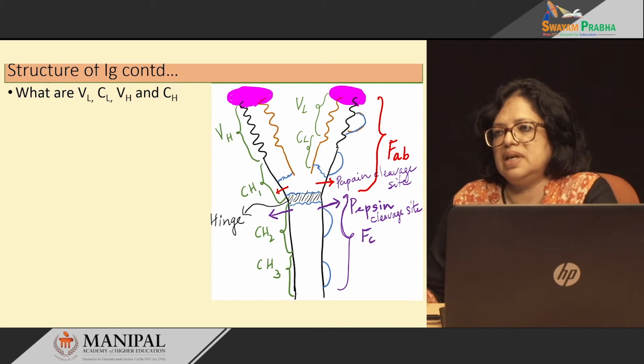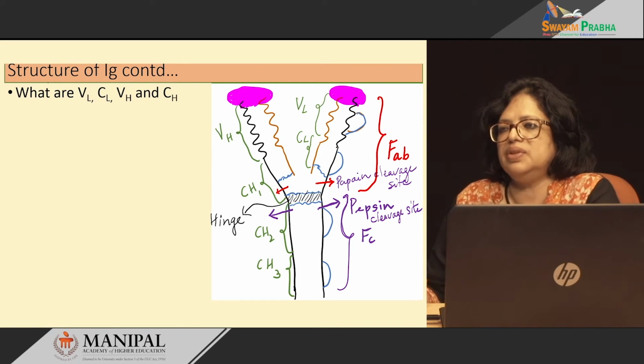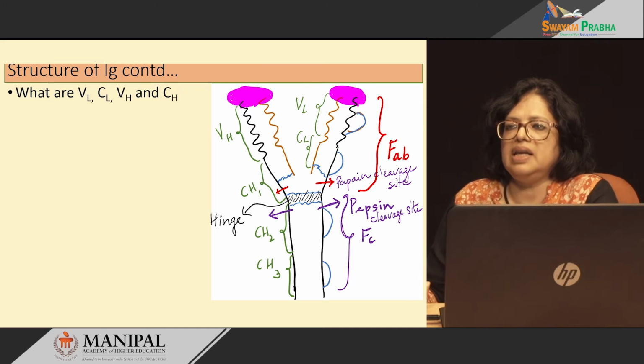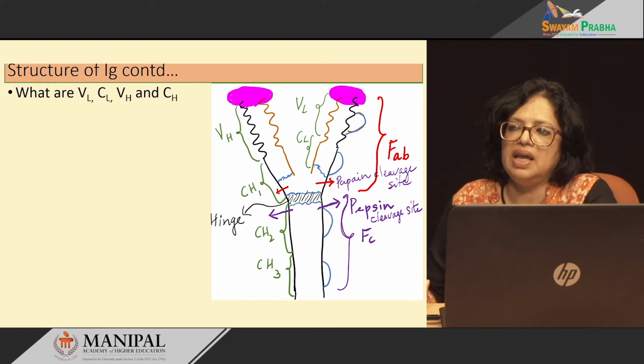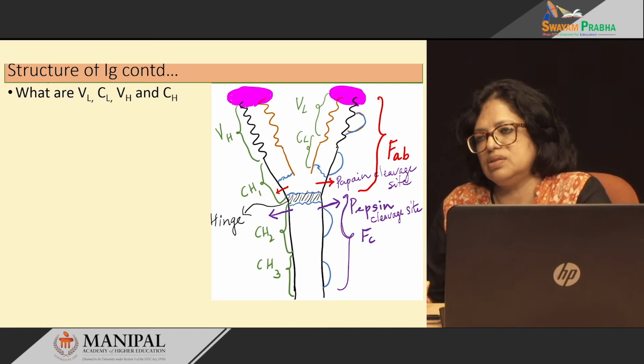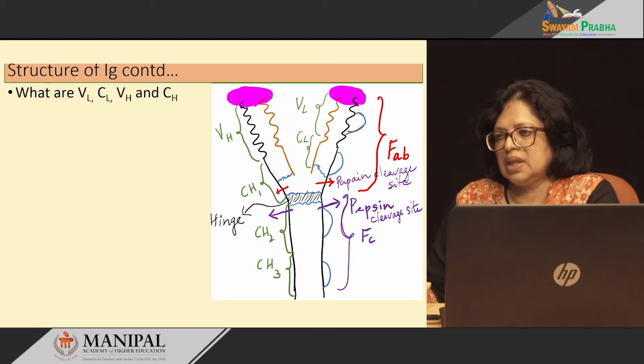VL represents the variable region of the light chain, CL represents the constant region of the light chain. Similarly, in the heavy chain we have 4 domains: variable heavy chain, constant heavy chain 1, constant heavy chain 2, constant heavy chain 3. These are the domains of the heavy chain.